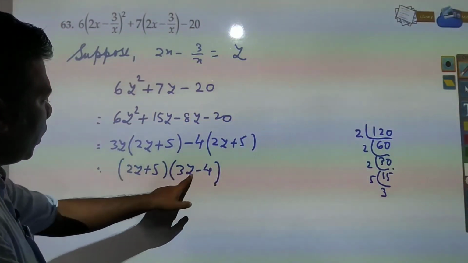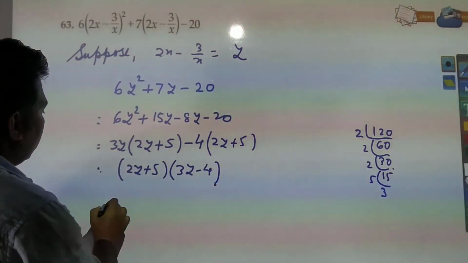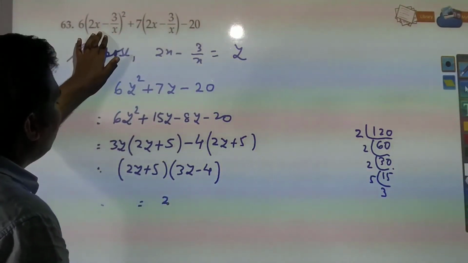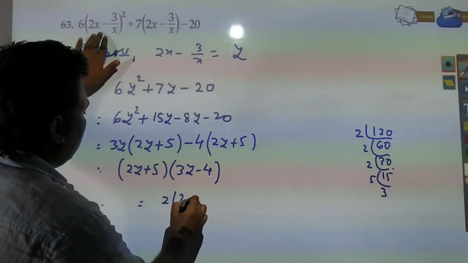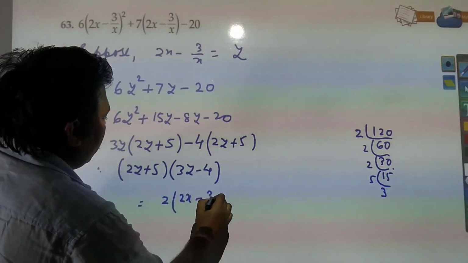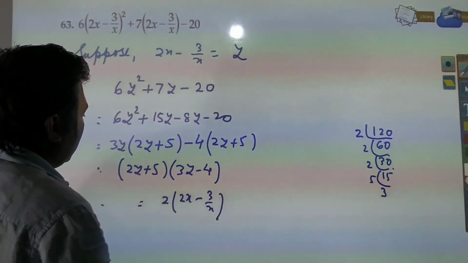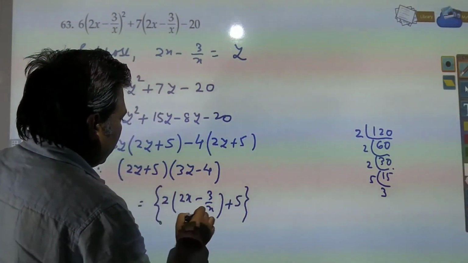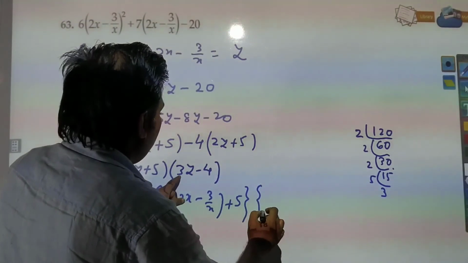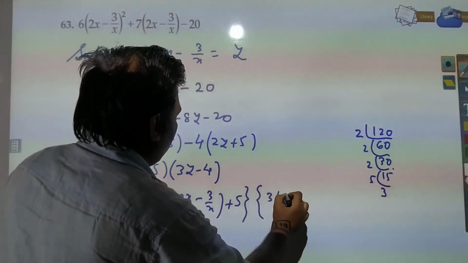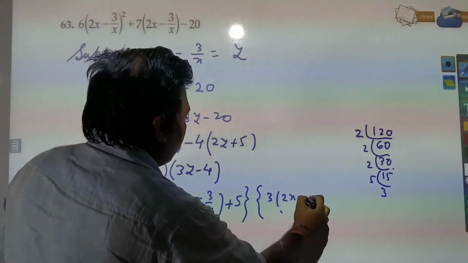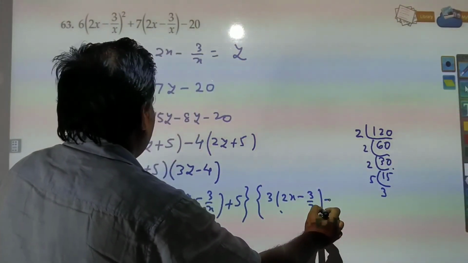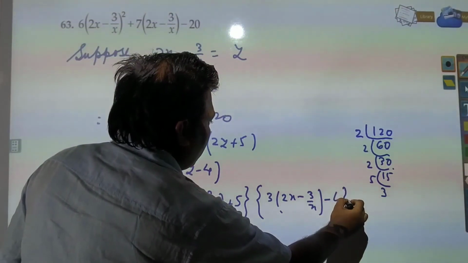Now the value is required to be substituted: 2(2x − 3/x) + 5, and 3(2x − 3/x) − 4.